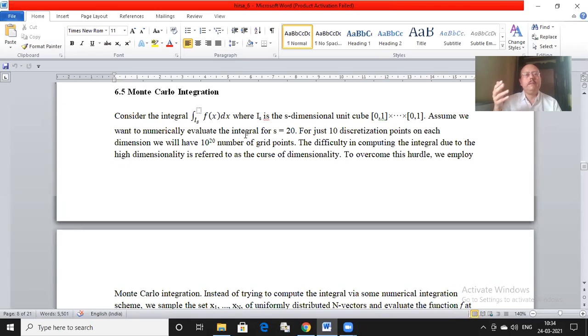If I go into 2 or 3 dimensions, I will reduce that number probably from 100 to 20 or 10, because the total number of points would be in power. If I do a similar thing for a 20-dimensional situation, then it's going to be an impossibly large grid. Even if I have 10 points for each dimension, that's impossibly large, 10 to the power 20. So this is never going to work like that. And this is the curse of dimensionality. We want to avoid this difficulty of computing integrals in high dimension.